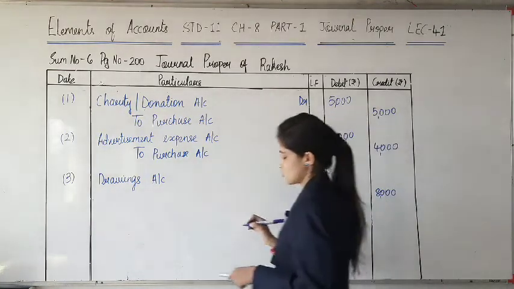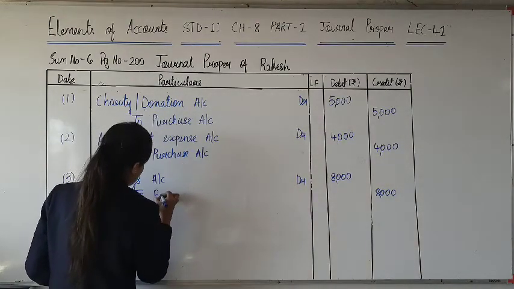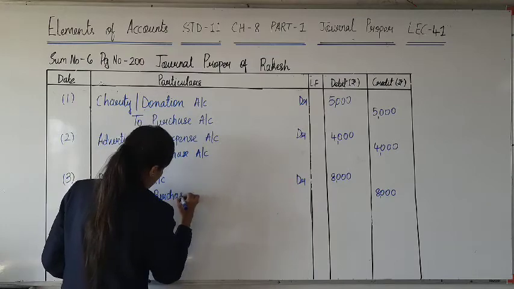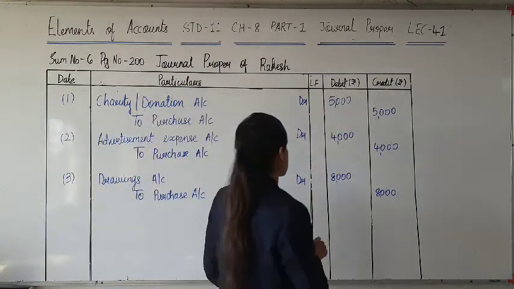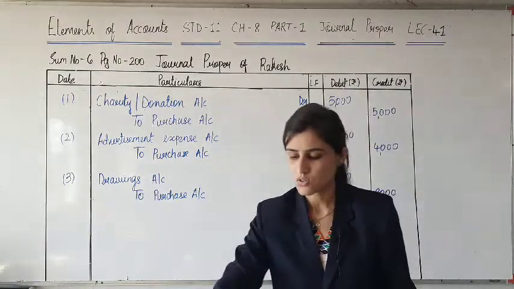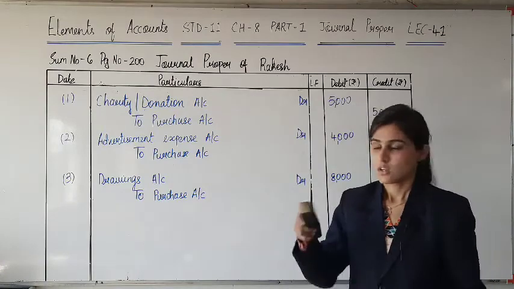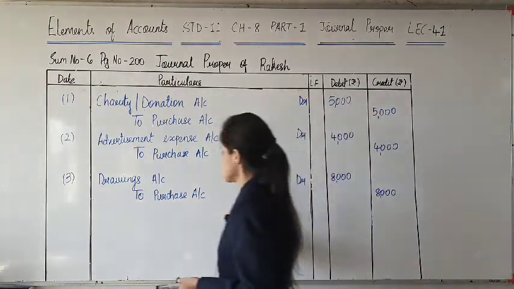Goods have been withdrawn, so this is again credited to purchase account. These are the transactions not recorded in other subsidiary books. These are not new, so I have not gone into a detailed explanation for this.